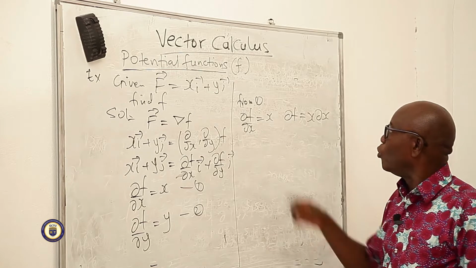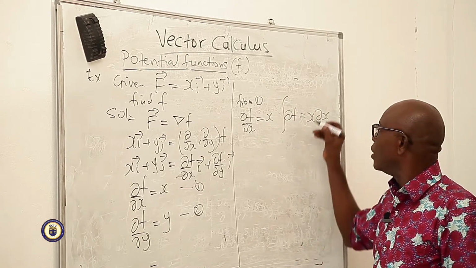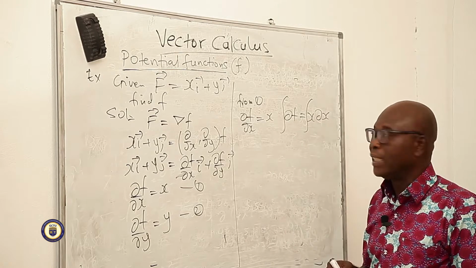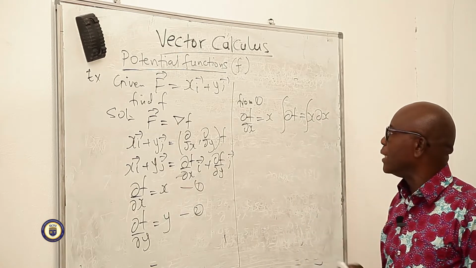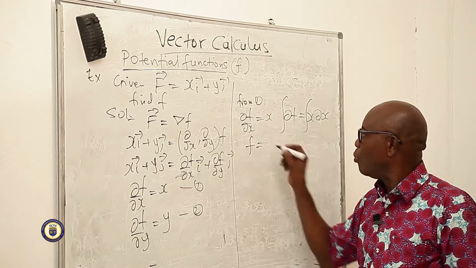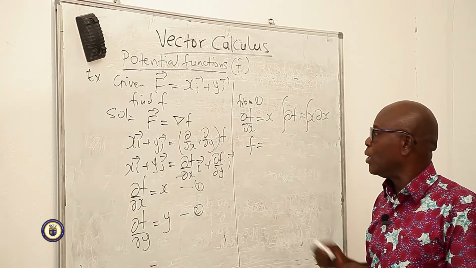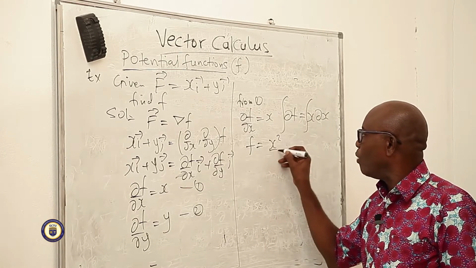And so to get f, we need to integrate. When we integrate the left side, we integrate the right side. When we integrate the left side, the differentiation will vanish. And so we have f, which is equal to, if you integrate x dx, x squared over 2.